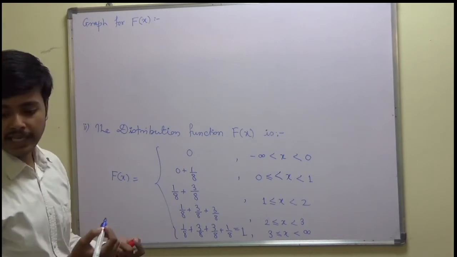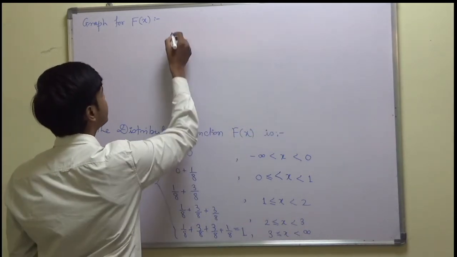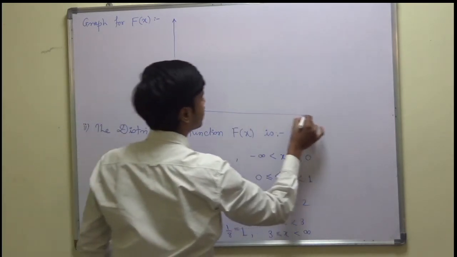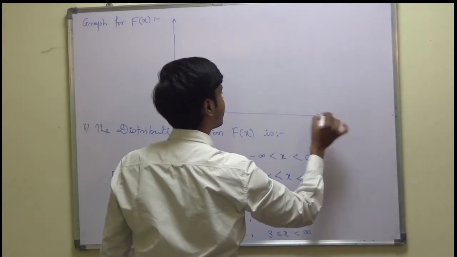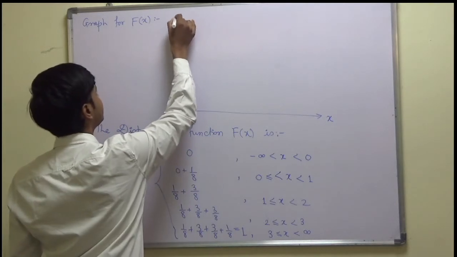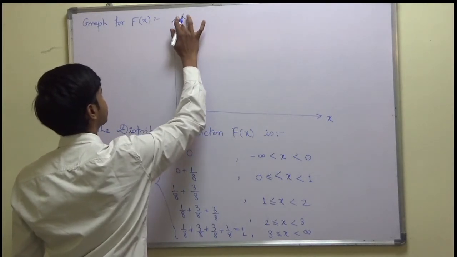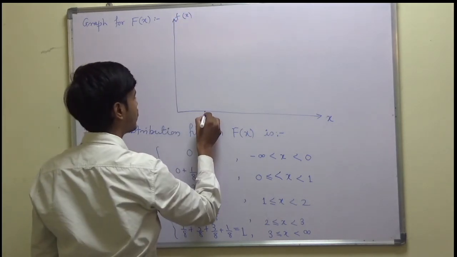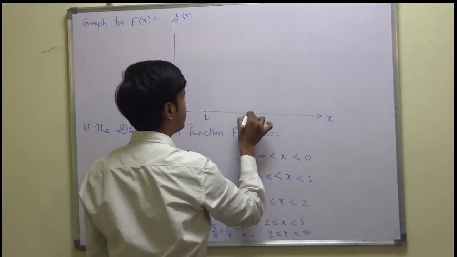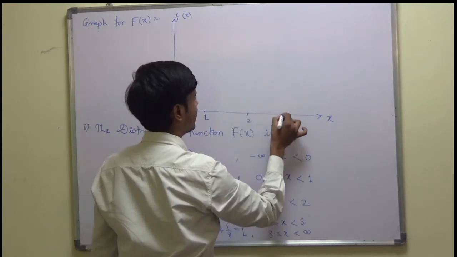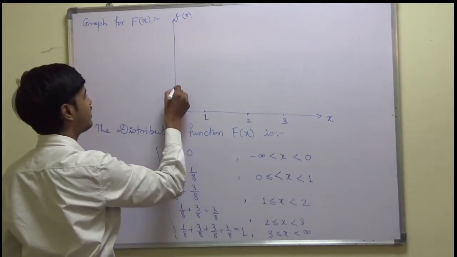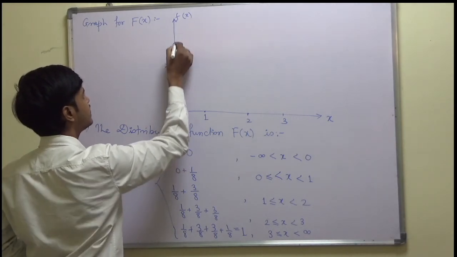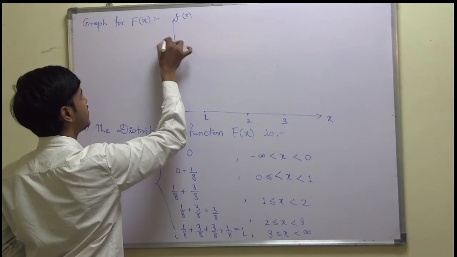Just like the previous one, in the x-axis you'll have x, and here you'll have f of x. Here it is 0, 1, 2 and then 3, and here you have the values 1 by 8, 2 by 8, and then 3 by 8.